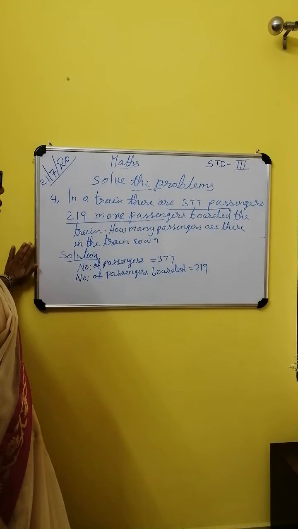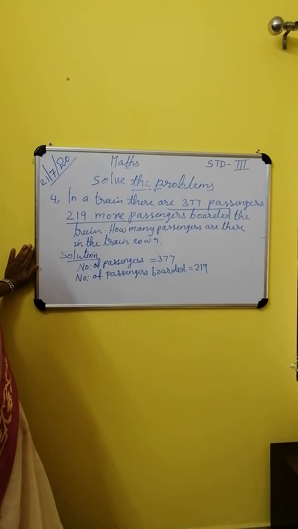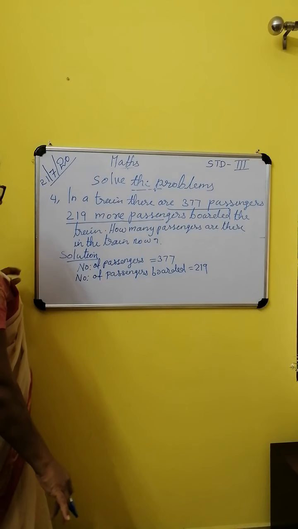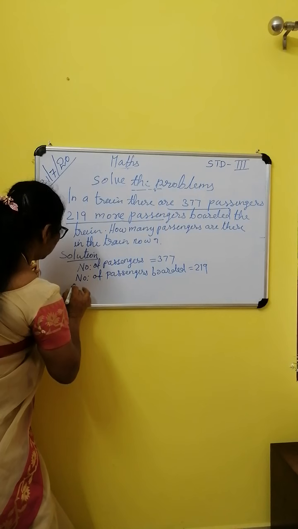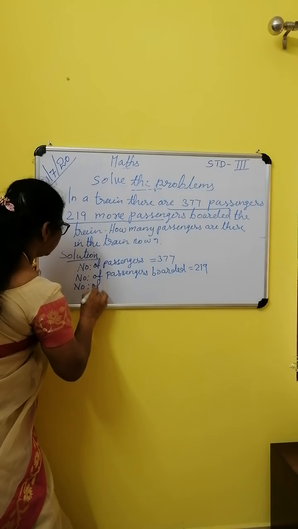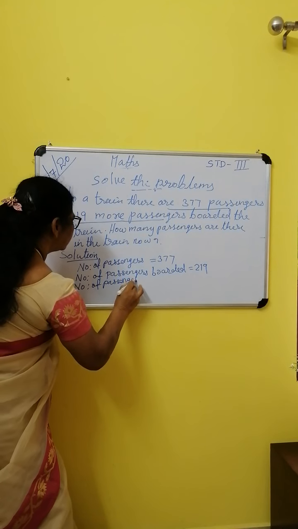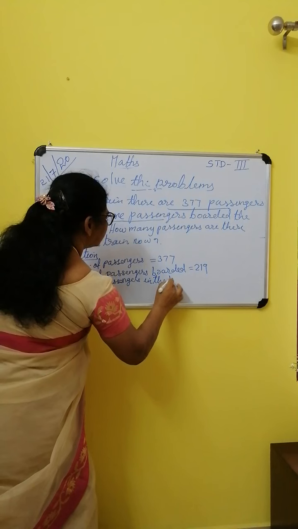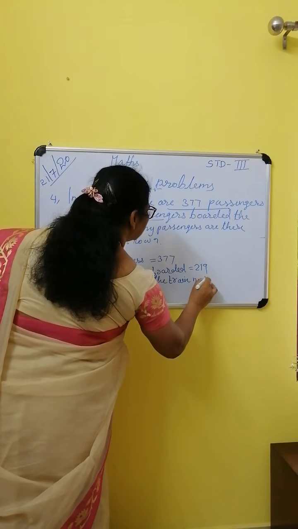Then how many passengers are there in the train now? That we have to find out. Now how many are there inside? Number of passengers in the train now equal.